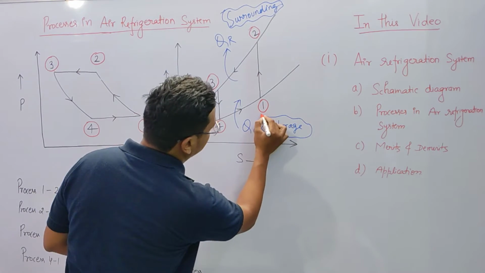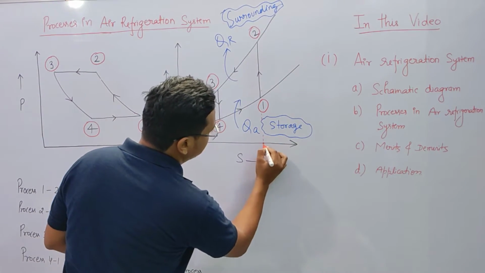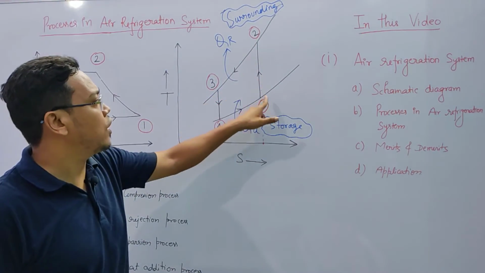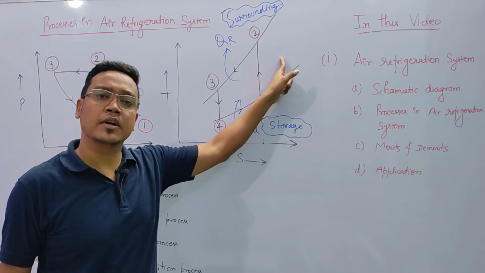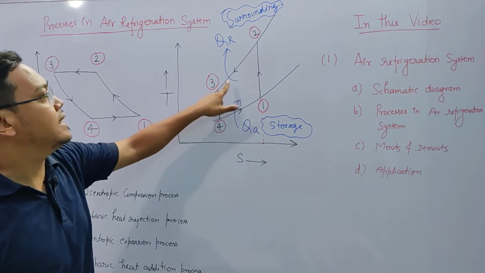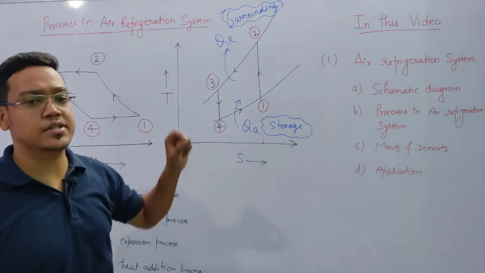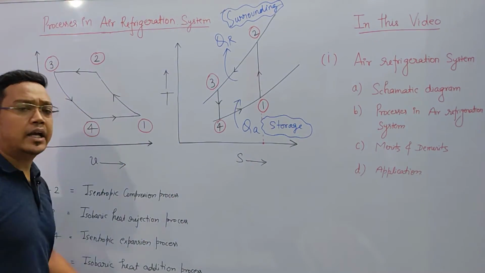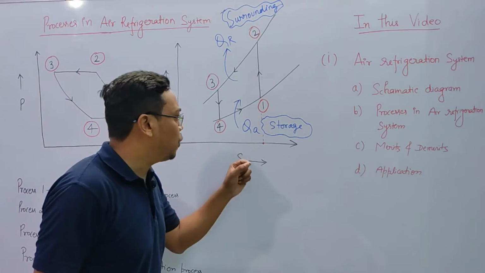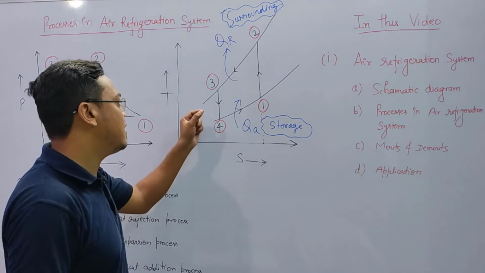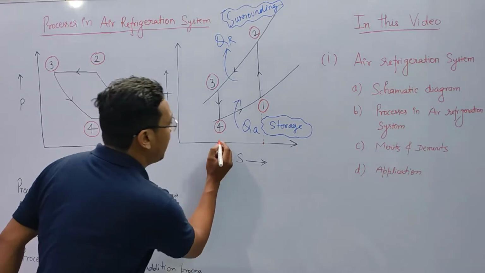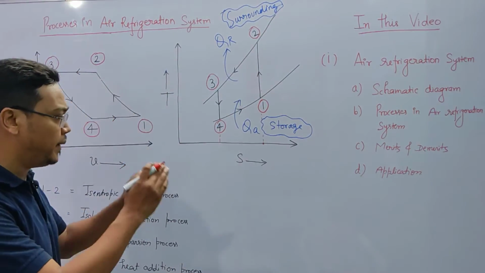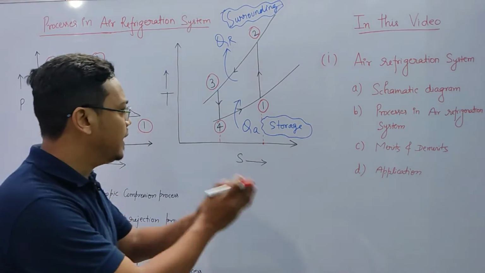Here at this point entropy is constant. 1 to 2 is happening in a compressor. 2 to 3 is happening in a cooler, and it is a constant pressure heat rejection process. 3 to 4 is a constant entropy expansion process, or reversible adiabatic expansion process. At this point entropy is constant. 4 to 1 is a constant pressure heat addition process.